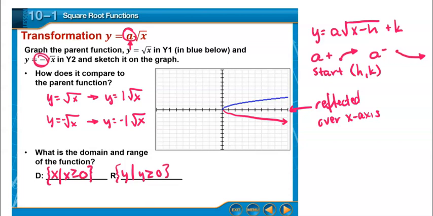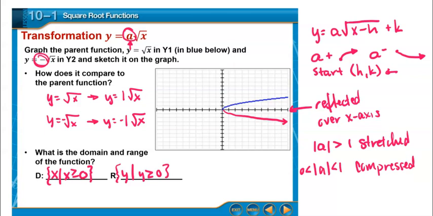So we'll explore this later. But just know that if A is positive, it goes up. If A is negative, it goes down from left to right. And then if the absolute value of A is greater than 1, not equal to, then this is stretched. And if the absolute value of A is in between 0 and 1, then this is compressed. It's shorter.